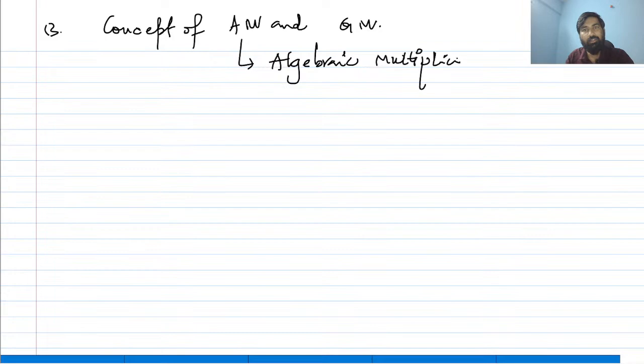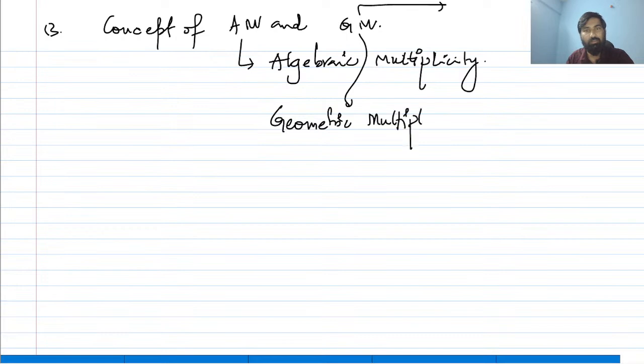And GM is nothing but geometric multiplicity. Why we are discussing AM and GM, you will understand.